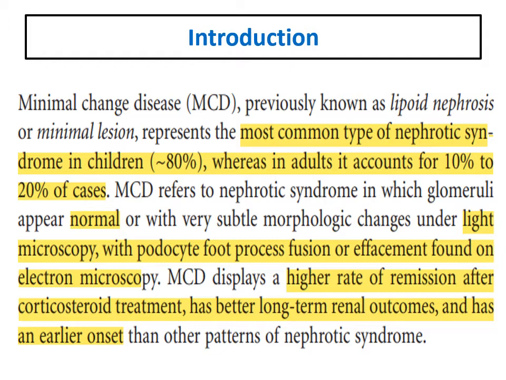The most important one: it is the most common type of nephrotic syndrome in children, accounting for about 80% of cases. 80% of cases of nephrotic syndrome in children are caused by minimal change, while in adults, minimal change accounts for 10 to 20% of cases.